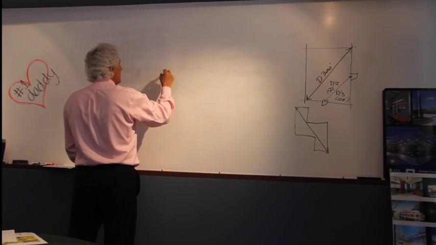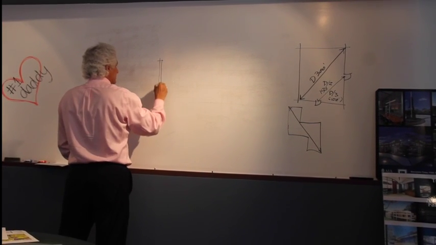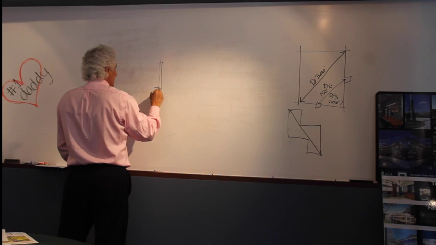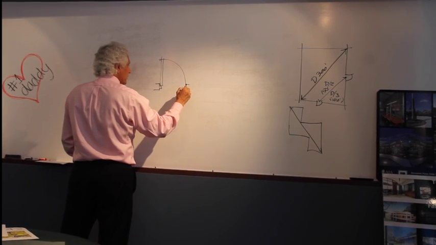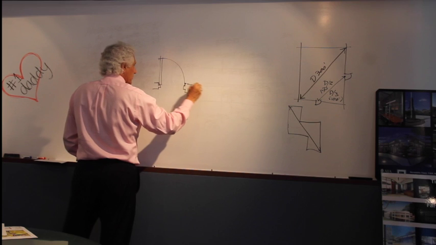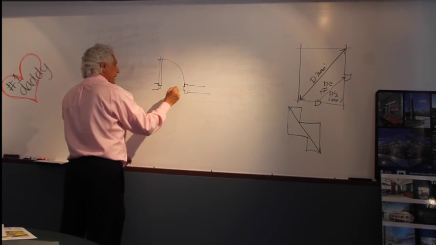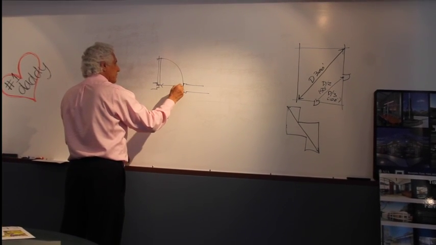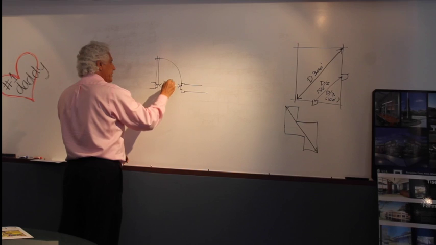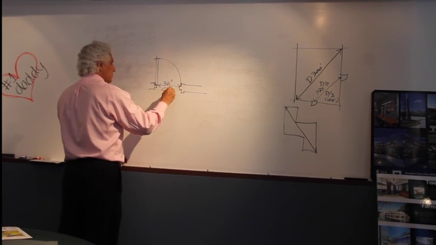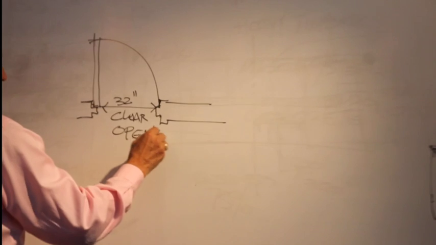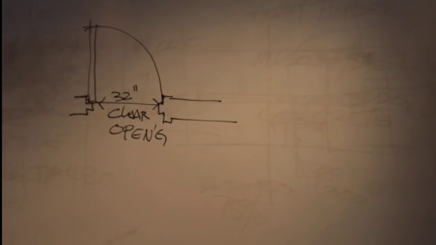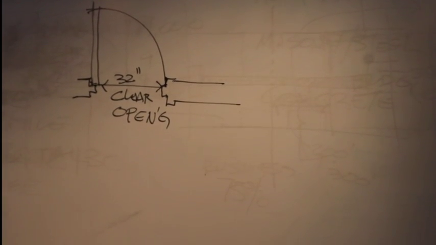A door, by its definition, has to provide a 32-inch clear opening. That's not the size of the door. That's the clear opening of the door.